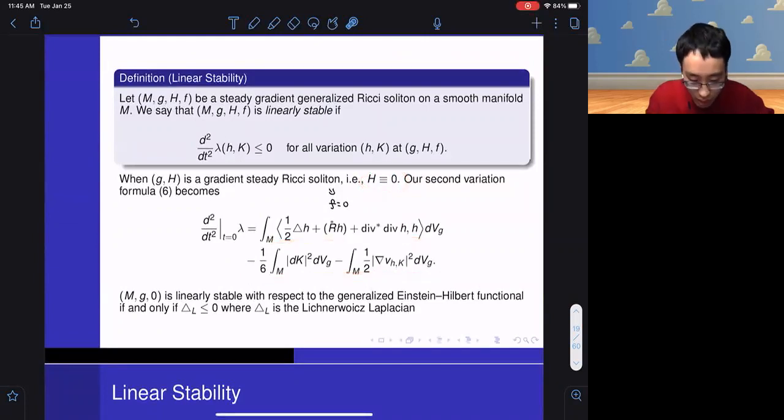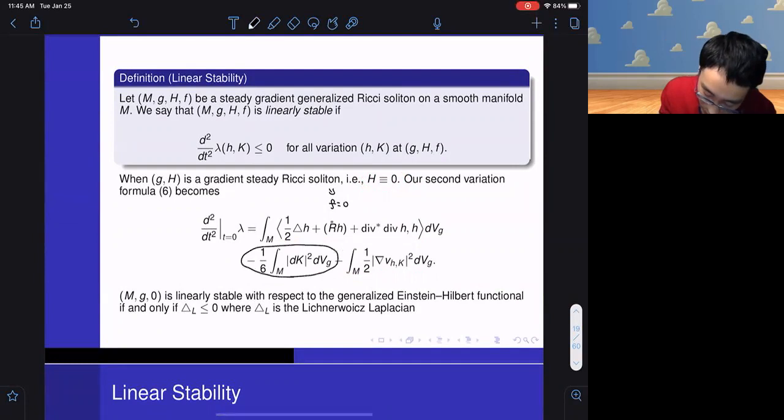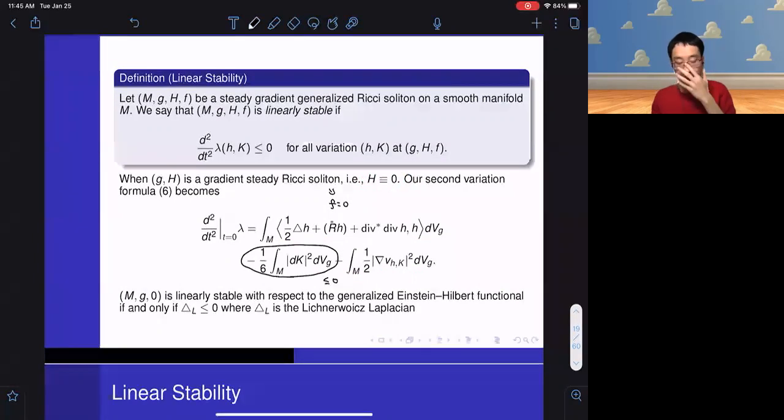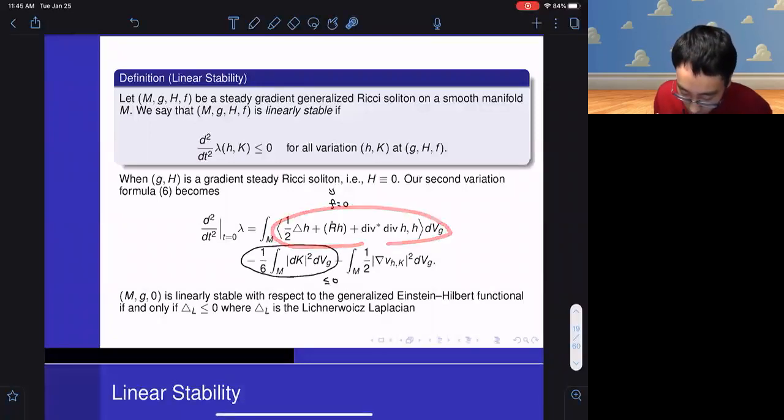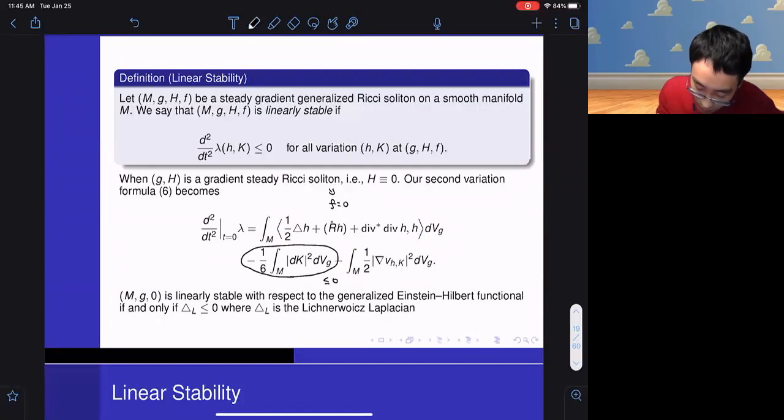As you can see, this is always non-positive, so you only need to consider these 2 lines, and moreover, this quantity is somehow related to the Ricci-Nova's Laplacian as we had in the previous case.